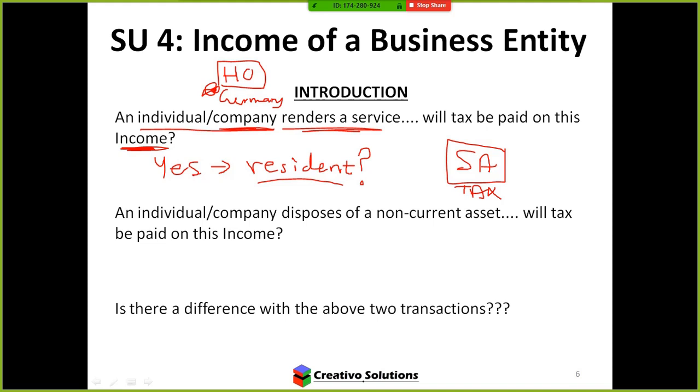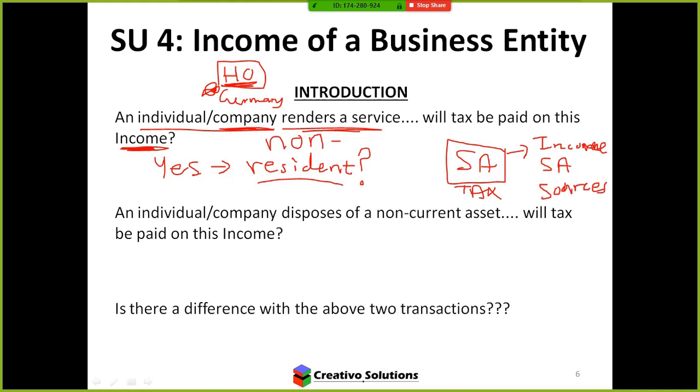But if your head office is in Germany, then you could say you're not a resident of South Africa, you're a non-resident. And if that's the case, then you're only going to pay tax in South Africa for income that was derived in South Africa, which they call an SA source.